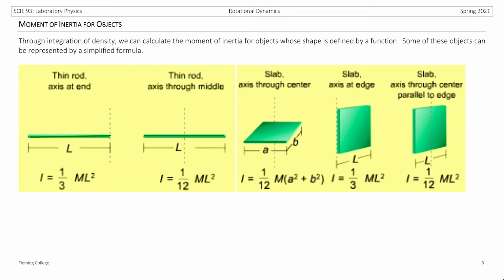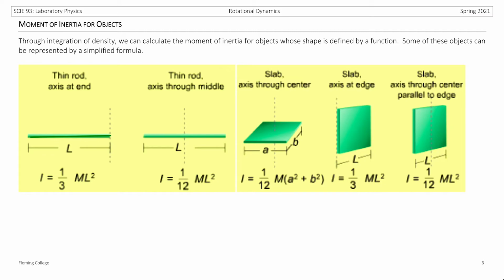We can also have two-dimensional objects instead of just thin rods. We often call these slabs or planks. If the axis is through the center of the slab, then it will rotate flatly around that axis, kind of like spinning a pizza box on your hand.